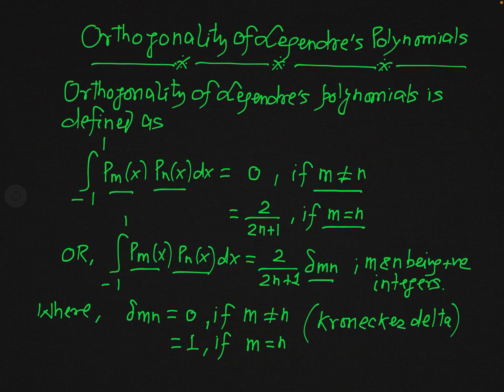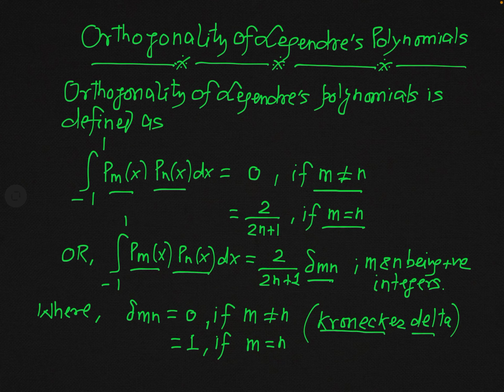In this delta mn, the subscripts m and n should be positive integers. And this symbol delta mn is known as Kronecker delta.